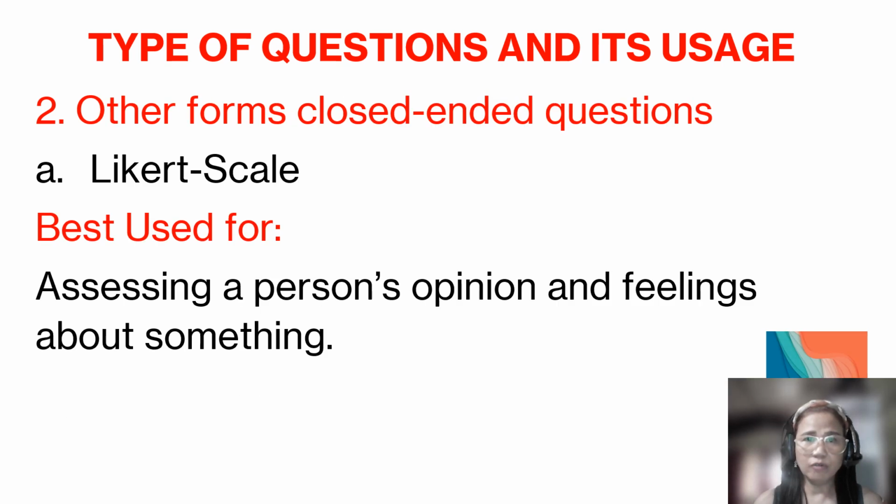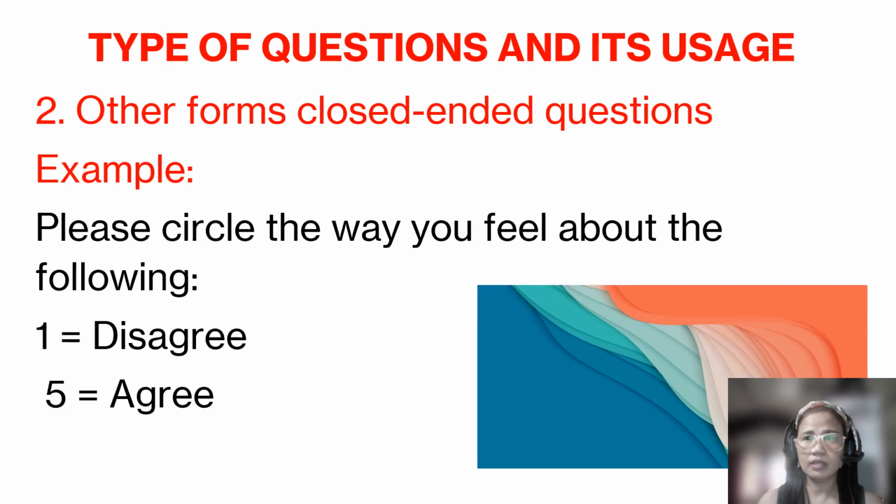Next, other forms of close-ended questions. Example, Likert scale. Best used for assessing a person's opinion and feelings about something. So close-ended questions are used when you are soliciting the opinions and the feelings of your respondents about a product or about a service.